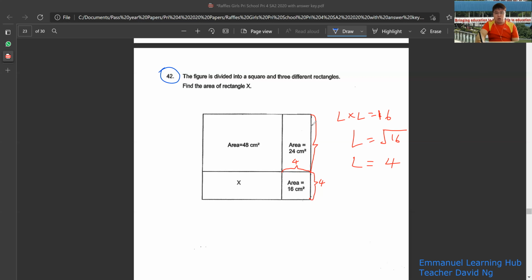The area is 24. And this length is 4. This breadth is 4. So what is the length of this rectangle?